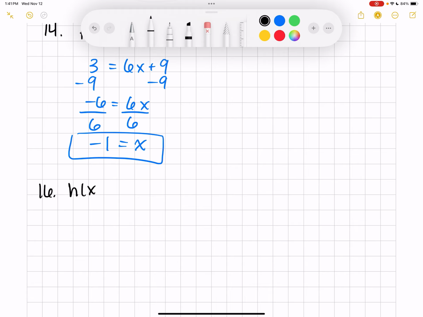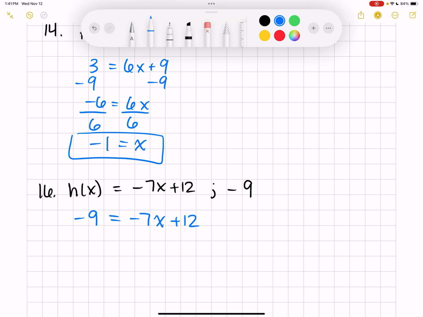16, h of x is equal to -7x plus 12. And then we're doing it when the function is equal to -9. So I'm replacing this h of x with -9. So I've got -9 is equal to -7x plus 12. And I've got to solve for x.